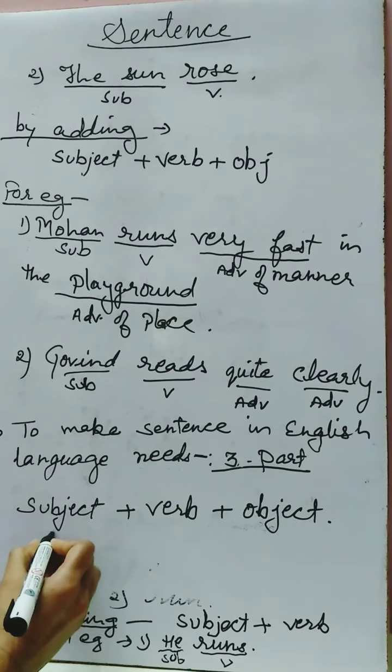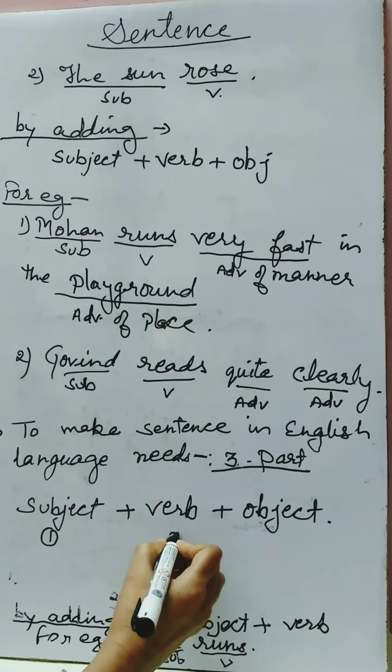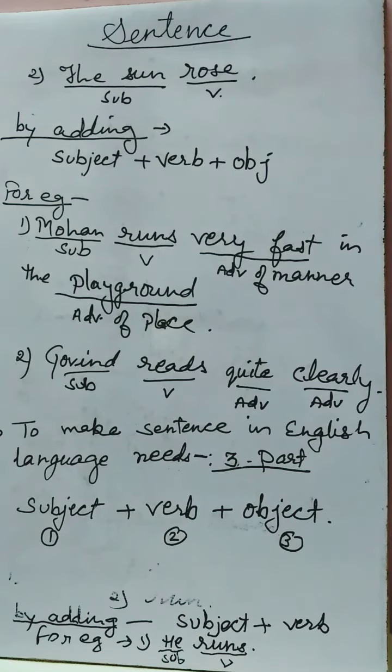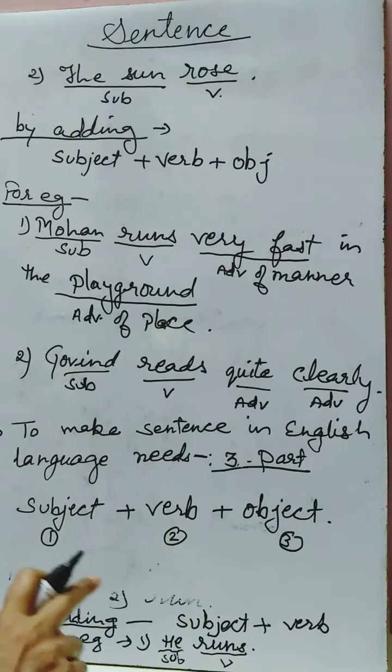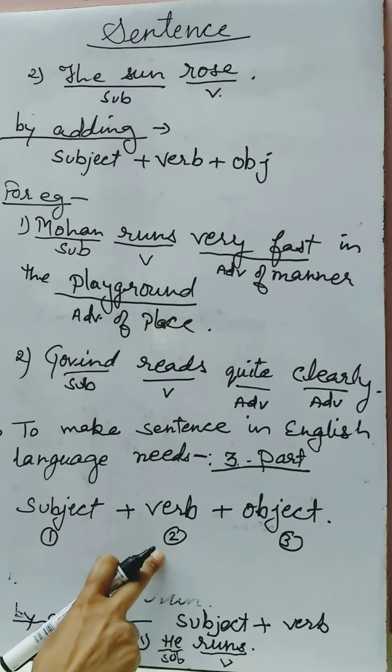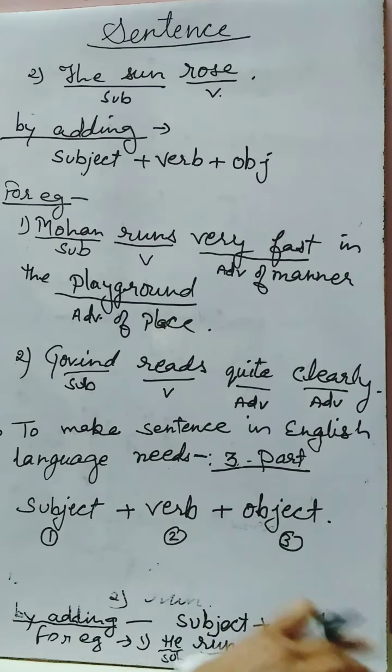Number one is subject, number two is verb, and number three is object. So in the next video I will tell you what comes in subject, what comes in verb, and what comes in object.